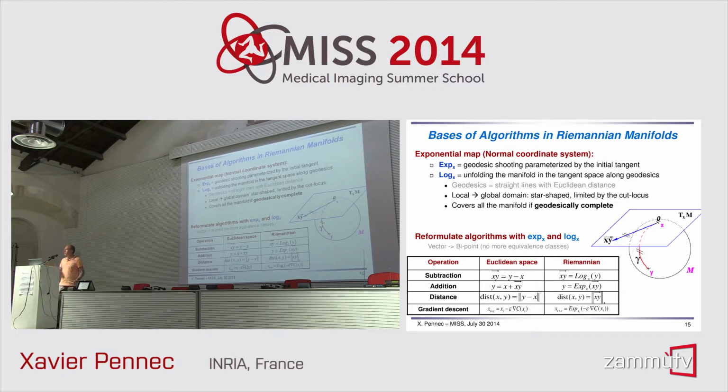The only idea is, when we are thinking about vectors in a manifold, we should think that they have a foot. Okay, the vector xy here is starting at point x. And you can see that if I'm taking a tangent vector at point y, it will be in a different tangent space. So we cannot easily compare a tangent vector from one tangent space or from one point to another.